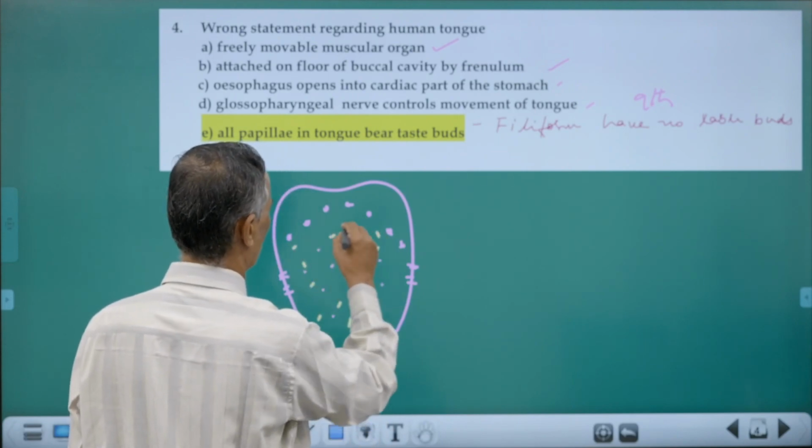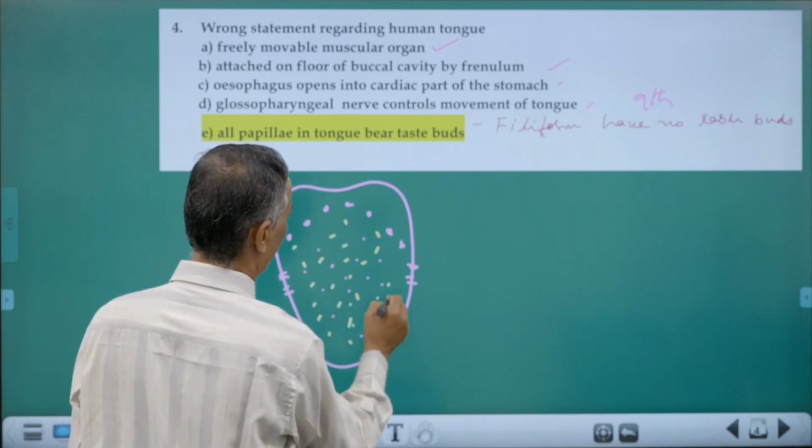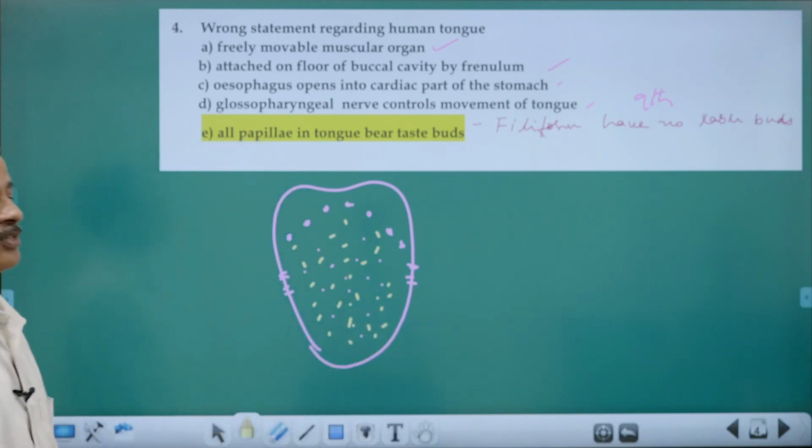And this filiform has no taste buds on them.